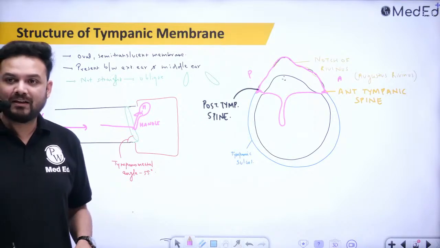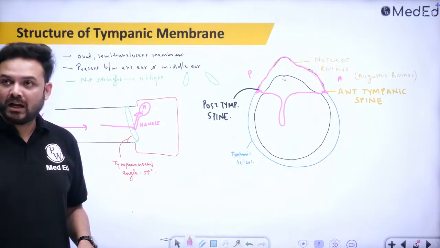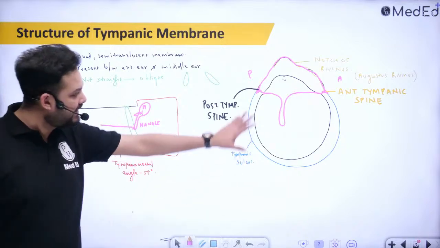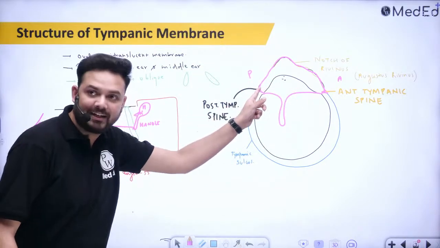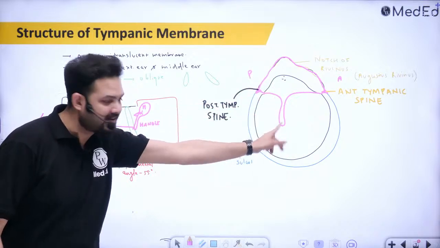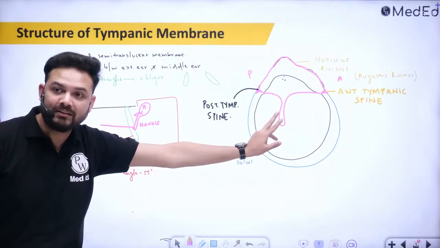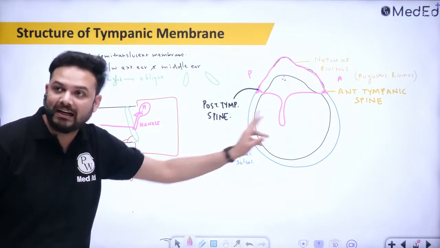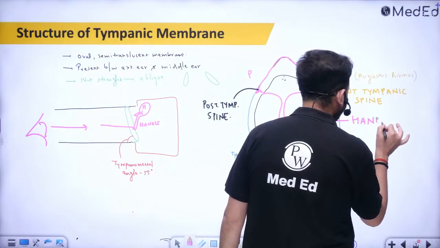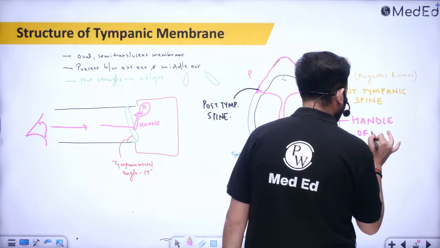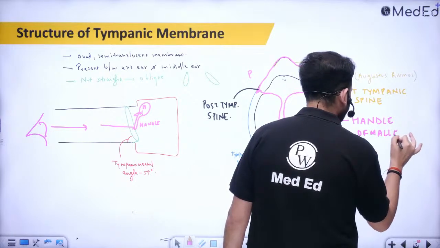Now, what you're seeing is that you made a sulcus, you made the notch of Rivinus, you placed the pars tensa, you placed the pars flaccida, and on the pars tensa this is attached. This is the handle of the malleus, attaching here.